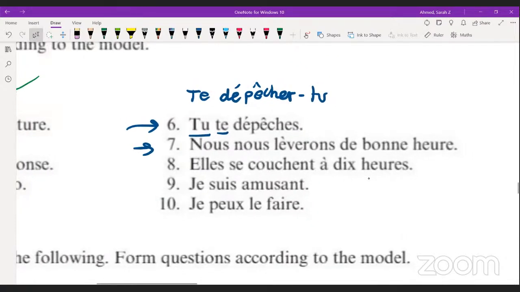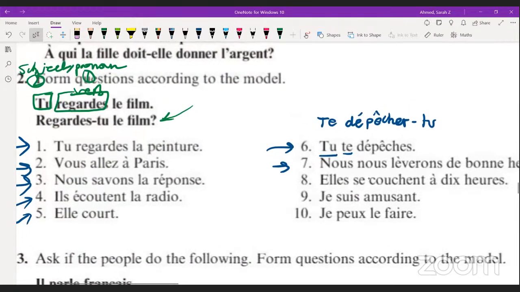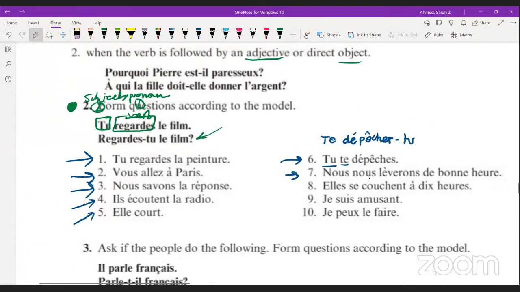Question 7. Oops, let me zoom out. Nous nous levons de bonne heure. Okay, so nous nous lèverons de bonne heure.